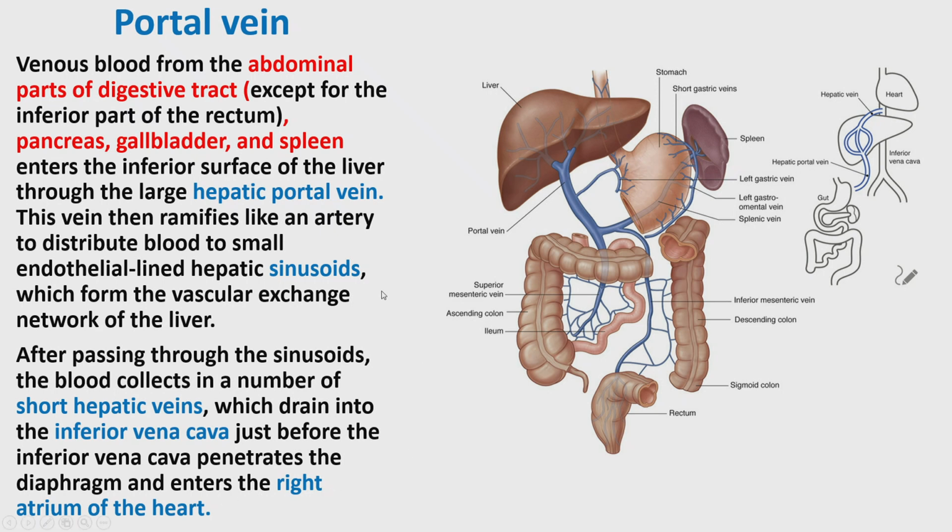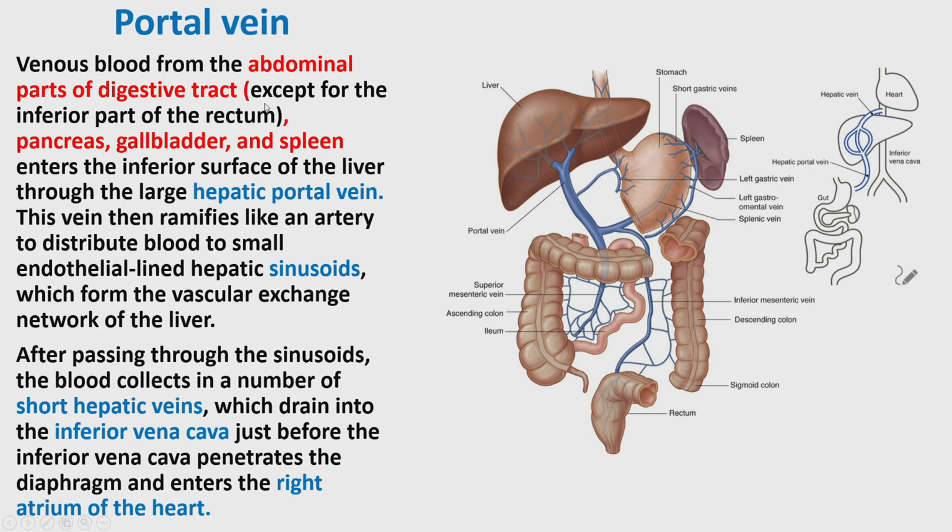For example, most of the digestive tract: large intestine, small intestine, stomach, sigmoid colon, and the upper part of the rectum, not the lower part or inferior part of the rectum. Just the upper part of the rectum, which is a tributary of the inferior mesenteric artery and inferior mesenteric vein, of course. It is also carrying the blood from the pancreas.